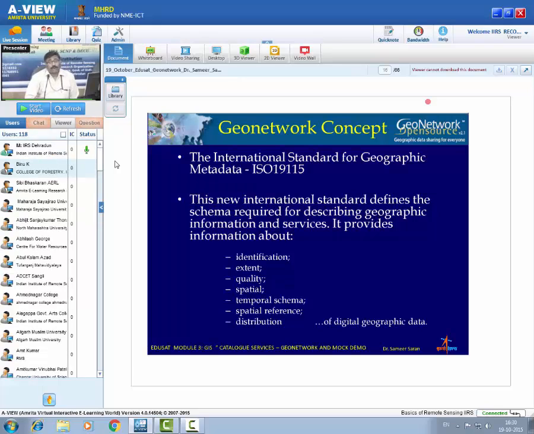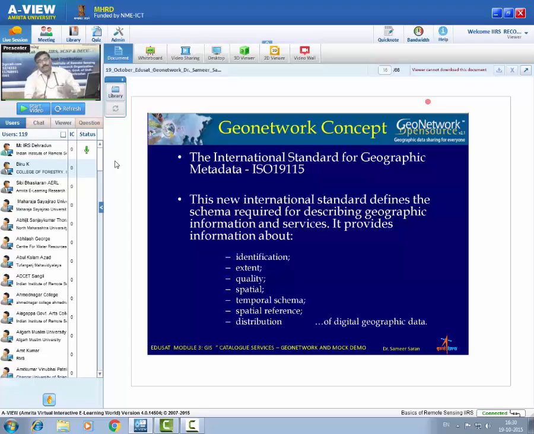As I already told you, the entire GeoNetwork is totally based on descriptive metadata, and that descriptive metadata can be generated using the existing ISO standards, like ISO 19139, which covers identification, extent, quality, spatial and temporal schema, spatial reference, and distribution.